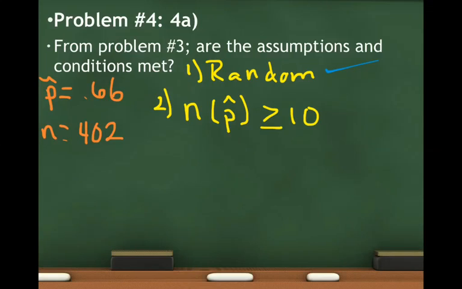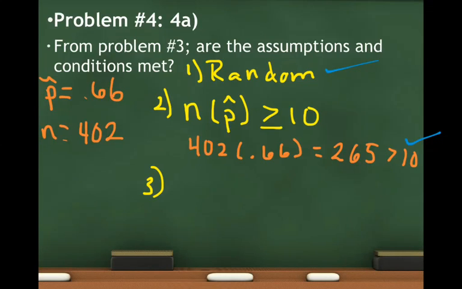So take our sample size 402 times 0.66 and see, is that greater than or equal to 10. Pause the video and find that number there. You should get 265, and that is definitely greater than 10, so that checks out as well.